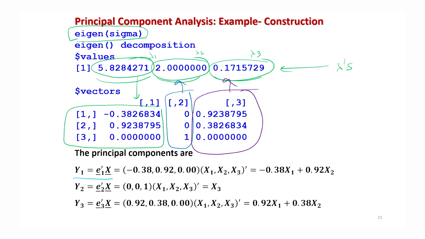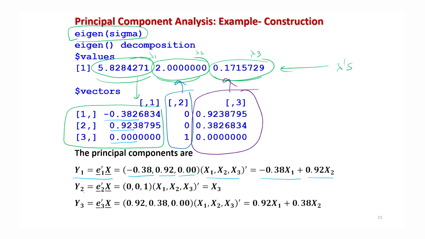I write minus 0.38, then the second element 0.92, and 0.00, which is actually not 0 but a very small value, times x1, x2, x3. So this comes out to be minus 0.38 x1 plus 0.92 x2.